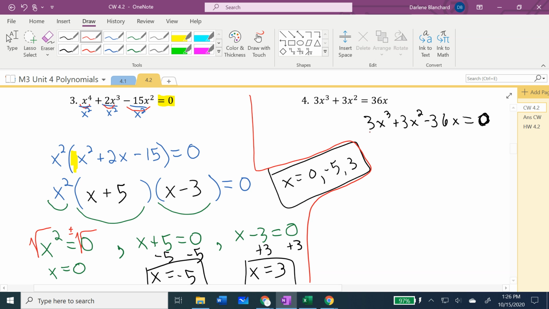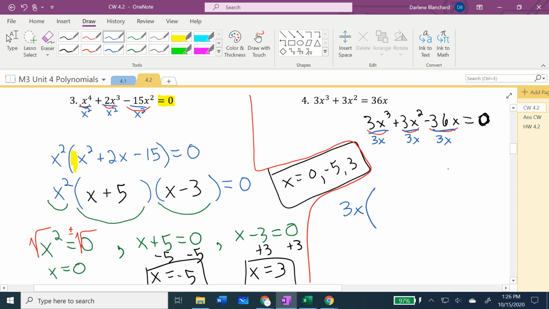So if I look at my 3 terms, is there anything that will divide all 3? X will divide all 3 and a 3 along with that. So 3 times x is going to factor out. And to figure out what's in the parentheses, what I'm actually doing is dividing every single term by 3x.